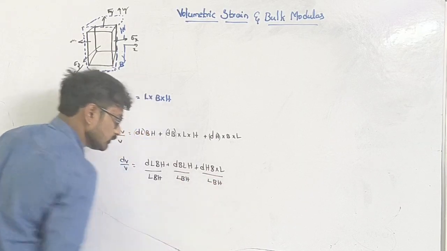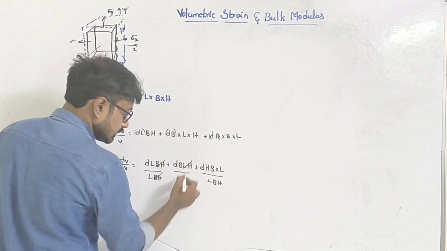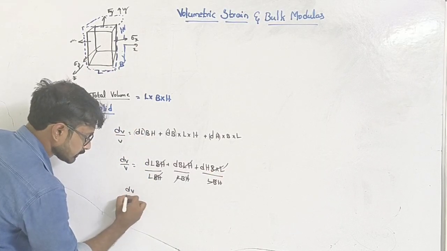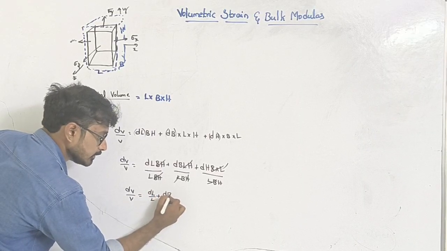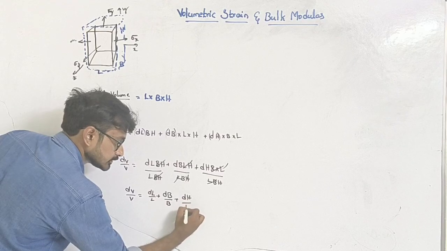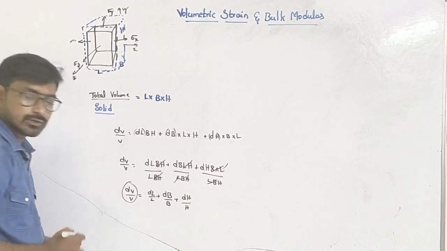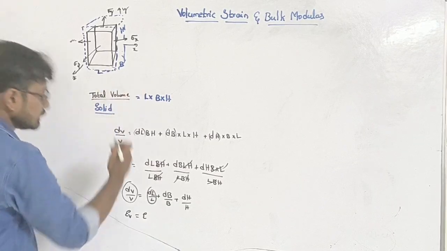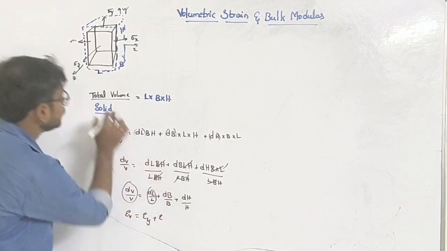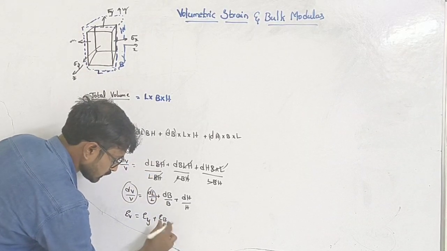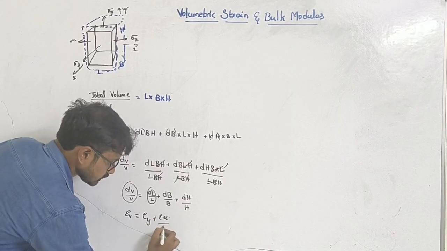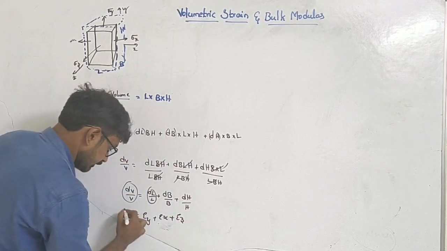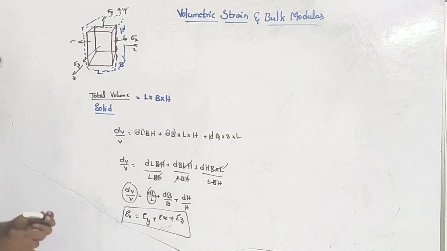Now here BH gets cancelled, LH and LH get cancelled, and LB and LB get cancelled. We are left with delta L by L plus delta B by B plus delta H by H. So from here we can understand that delta V by V, the change in volume by the original volume, is our volumetric strain, and delta L by L is the strain in the x direction, delta B by B in the y direction, and delta H by H in the z direction. So ex plus ey plus ez is our volumetric strain.